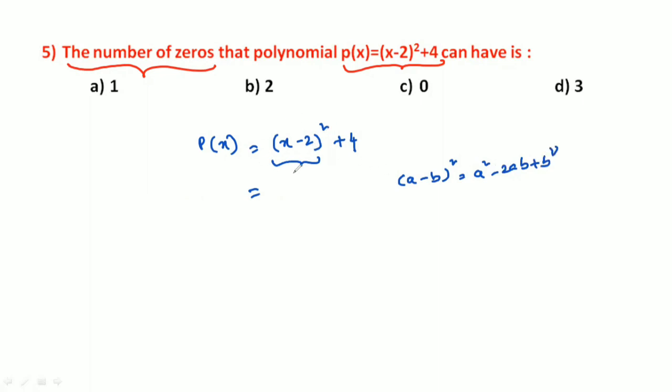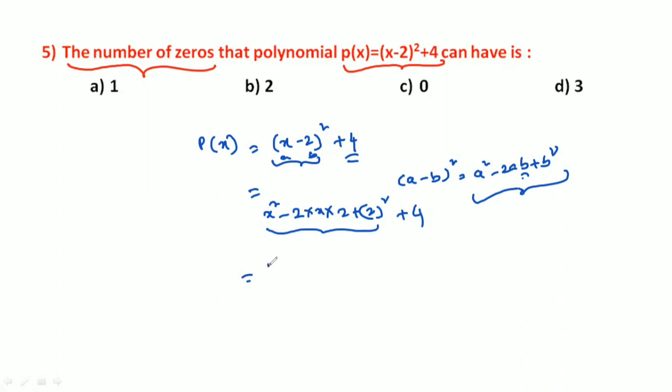So let us expand this x minus 2 whole square using this formula, where a is equal to x and b is equal to 2. A square means we get here x square minus 2 into x into 2, plus 2 whole square, and already there is plus 4, so I'm writing here plus 4. This is the expansion of x minus 2 whole square.